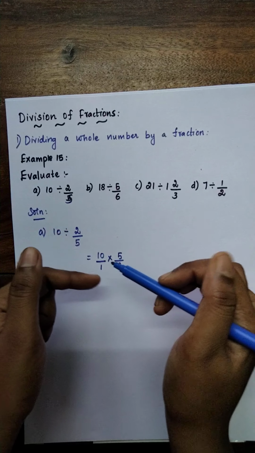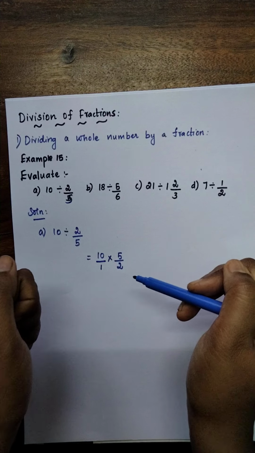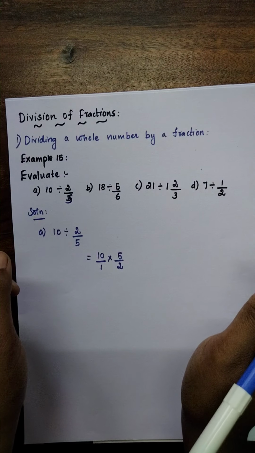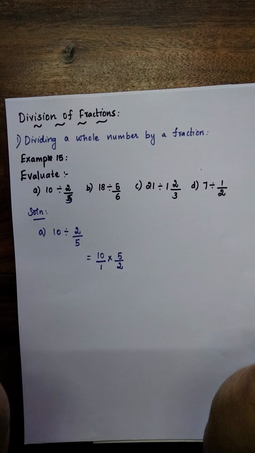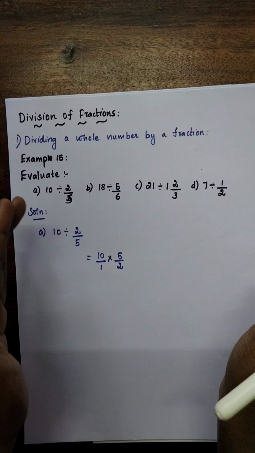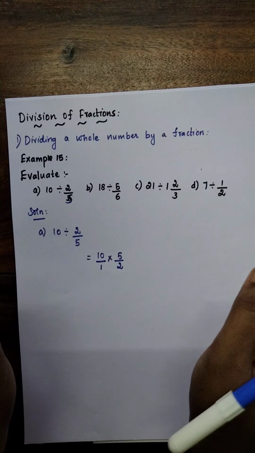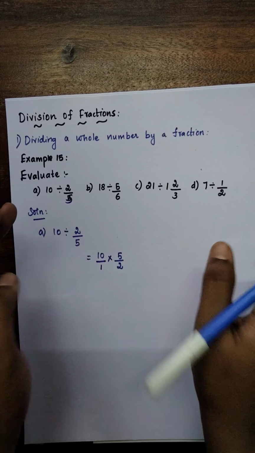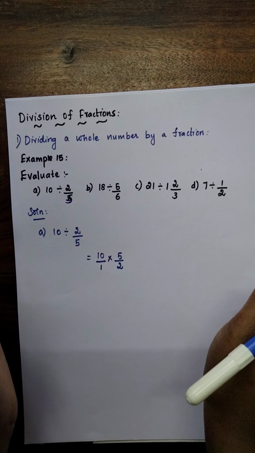So the reciprocal of 2 by 5 is 5 by 2. This is the procedure.